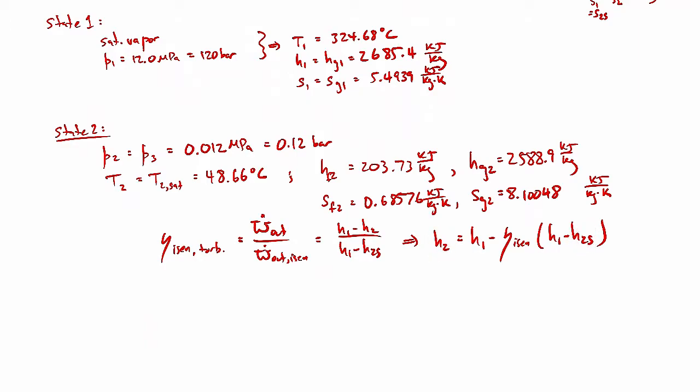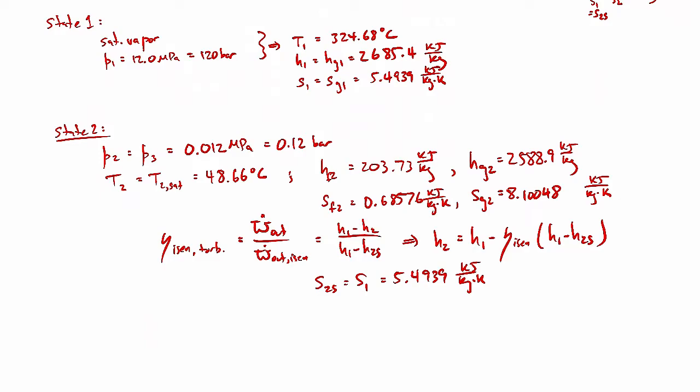And I should be able to find H2s because I know that S2s is equal to S1, which is 5.4939 kilojoules per kilogram Kelvin. So given the specific entropy, as well as knowing the pressure and temperature, I can find the quality.